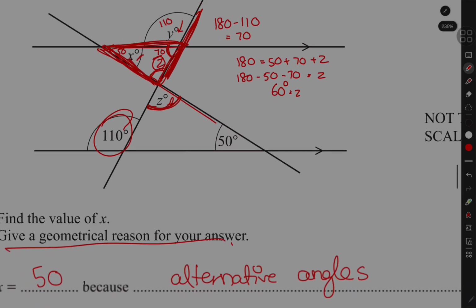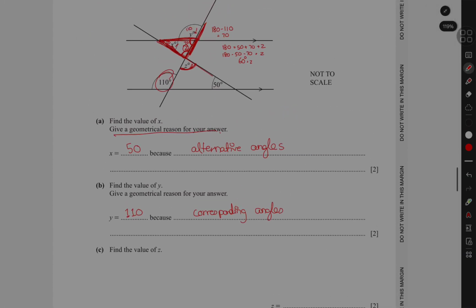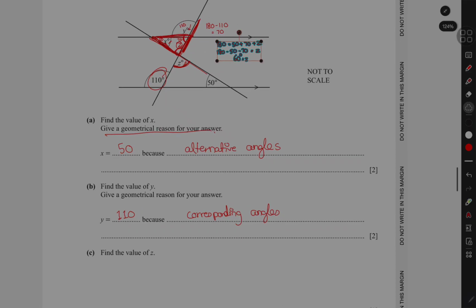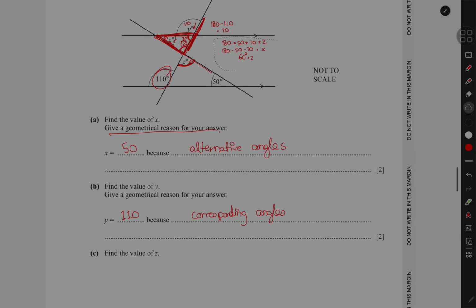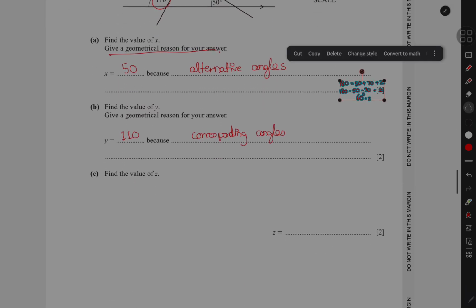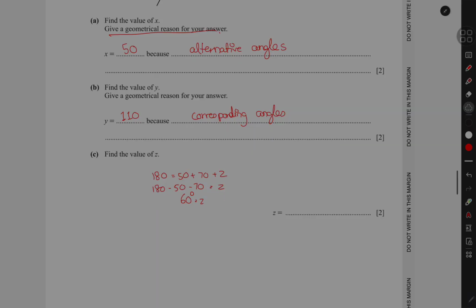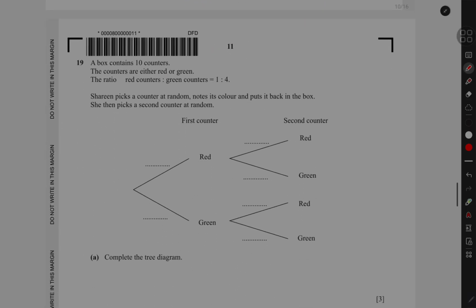So z is equal to 60 degrees. I just did everything over there. What I can do is just move my explanation to here. So, 60 degrees. Next question.